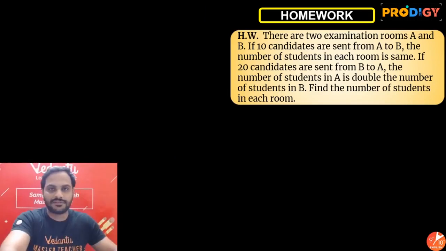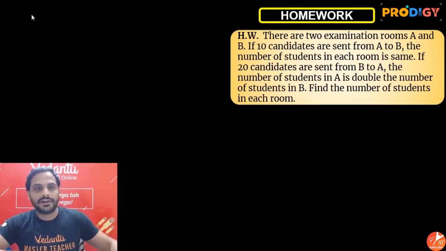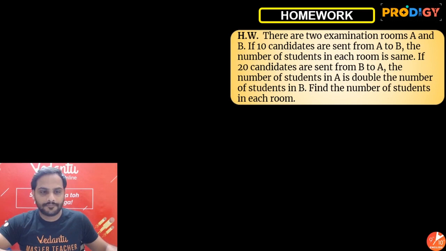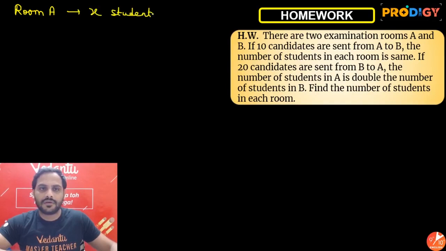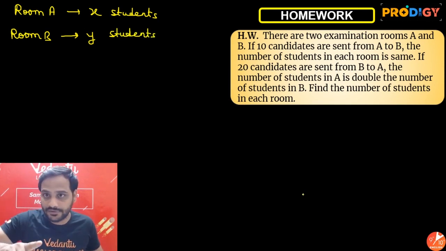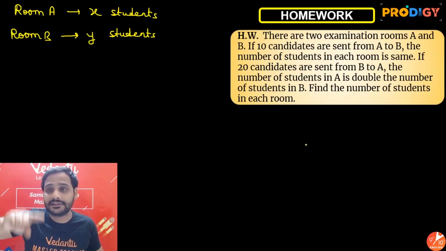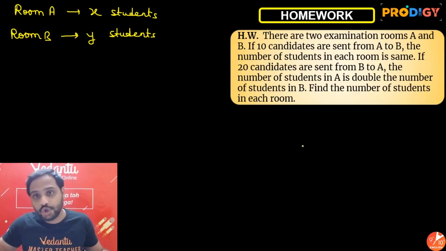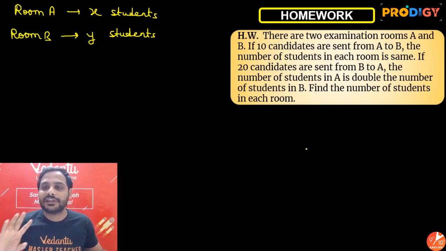It's a very good question. Let's say in room A originally there are X students, and in room B there are Y students. Now, if 10 students are sent from A to B, the number of students in each room is the same.